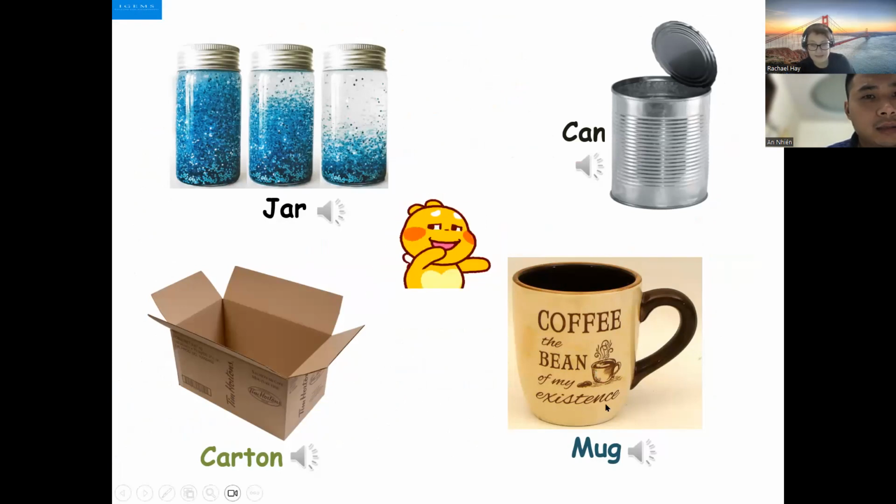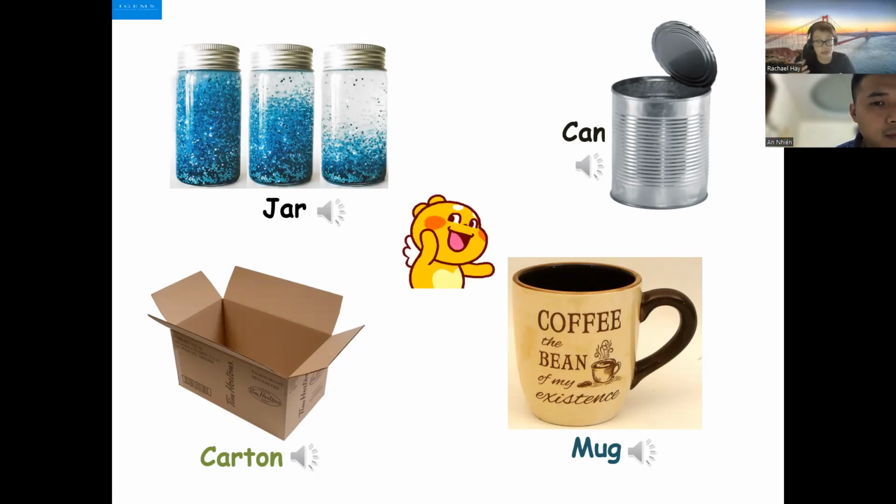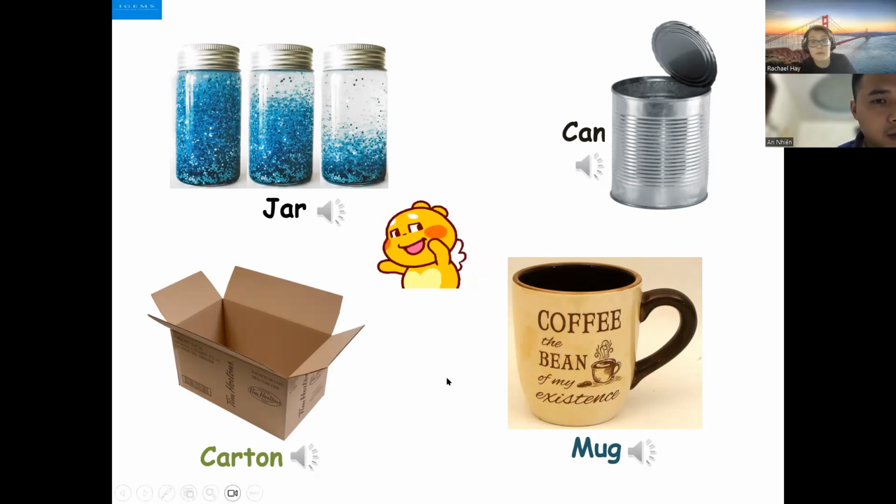Yes. Mug. Yes. Carton. Okay, good. This we call a carton or a box. Most people call it a box. But for our purposes in this lesson, we are going to call it a carton.